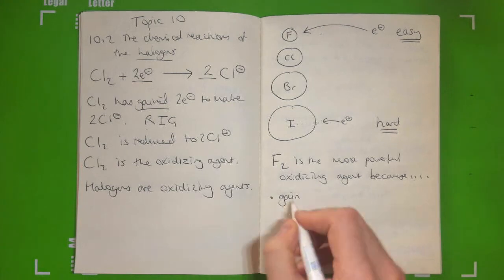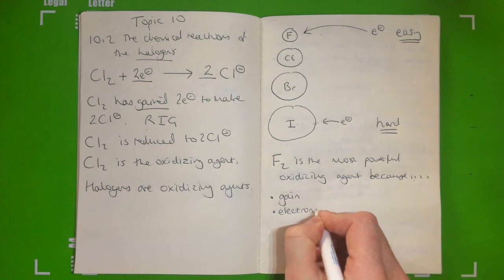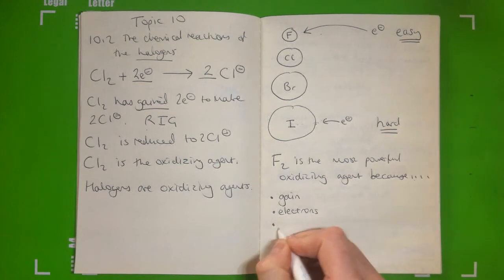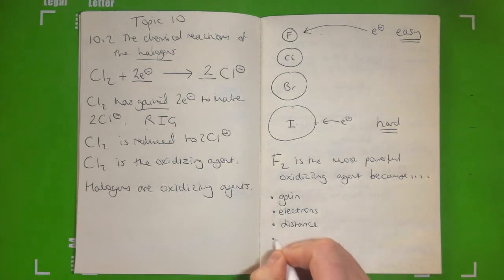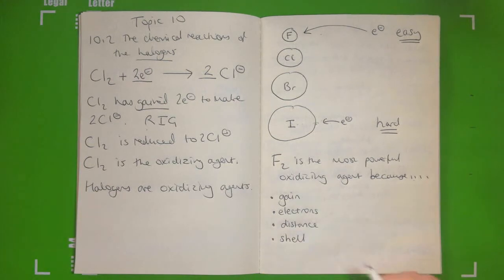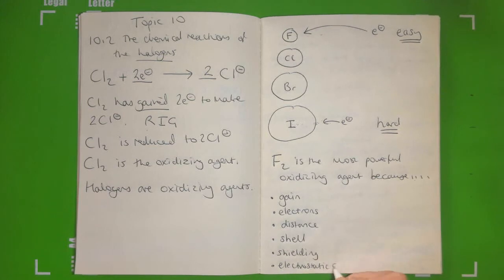So gain, electrons, distance, shell, shielding, and electrostatic attraction.